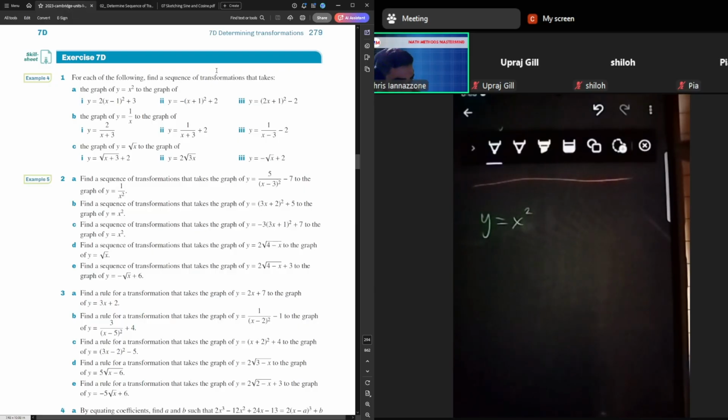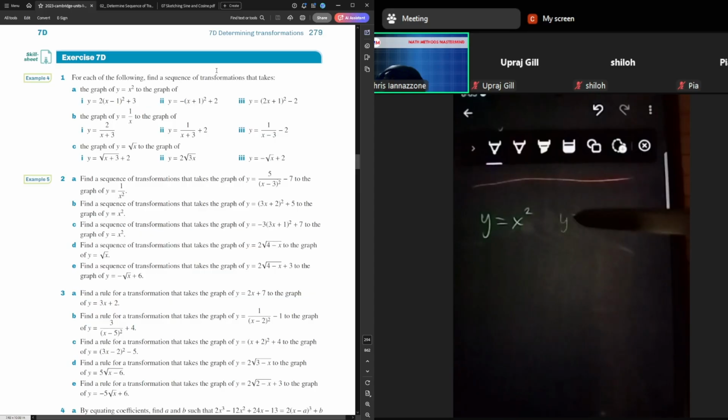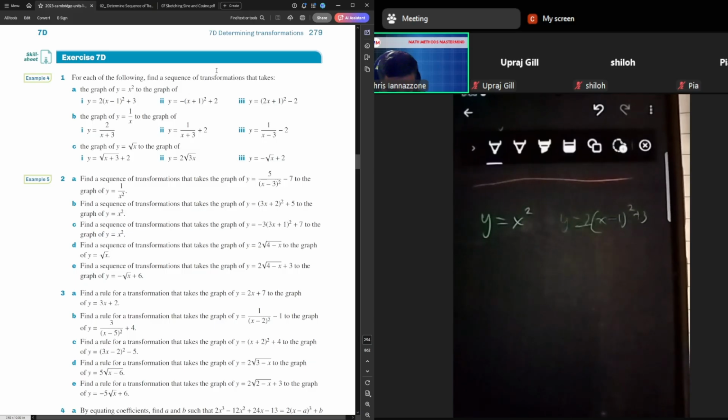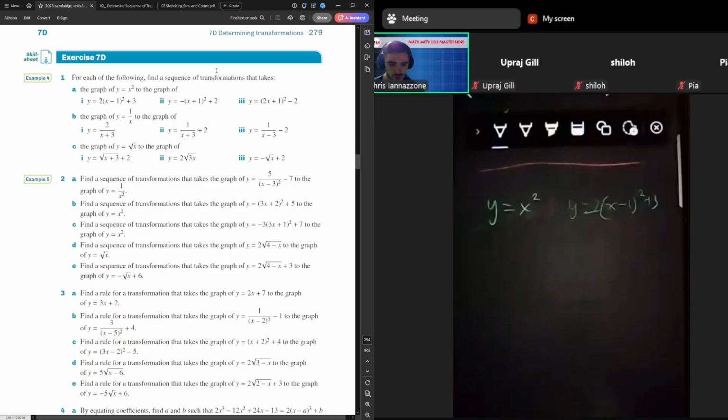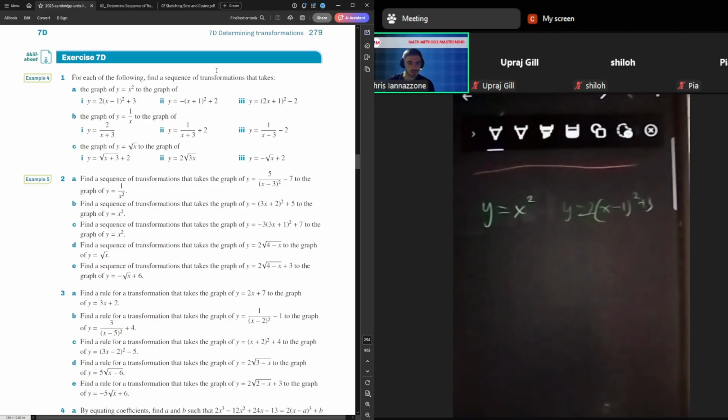Okay, we have y equals x squared, and we want to go towards y equals 2 bracket x minus 1 all squared plus 3. That's what we're aiming towards. So, using whatever method you prefer, let me know what you might want to do to start.